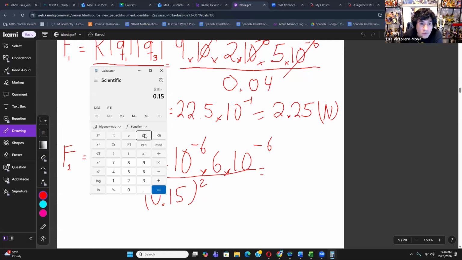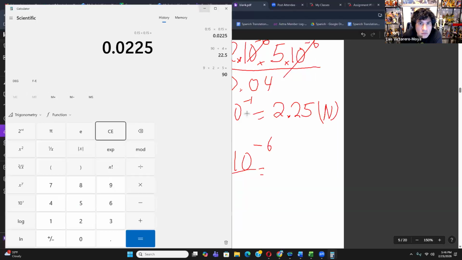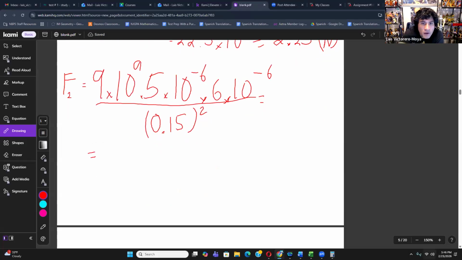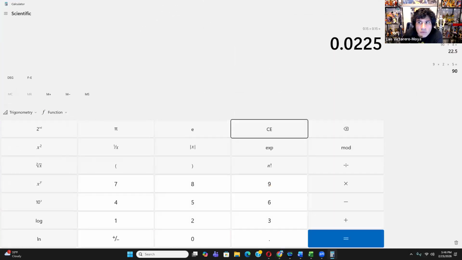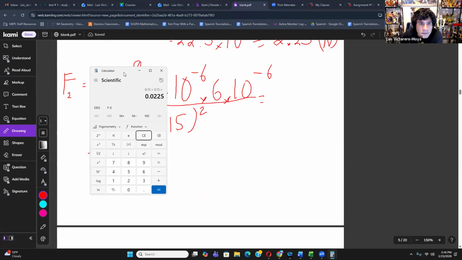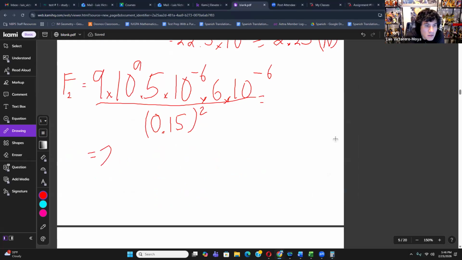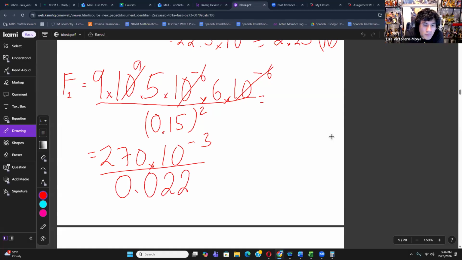I will check this. I think it's 0.0225, of course. So this is 9 times 5, 45 times 6. So I will do this 45 times 6, 270 times that, and the negative 3 divided by 0.0225.